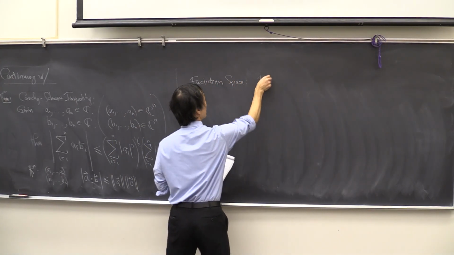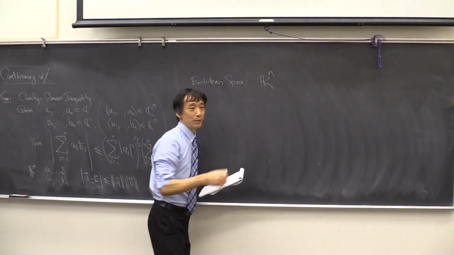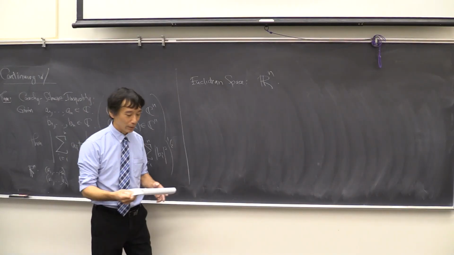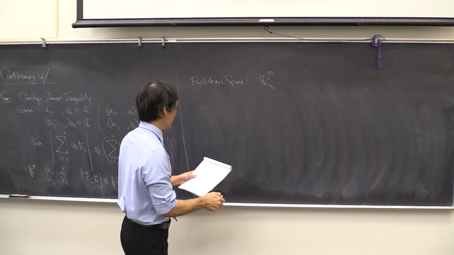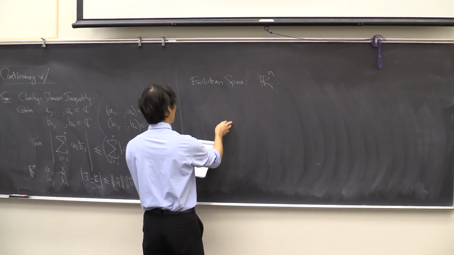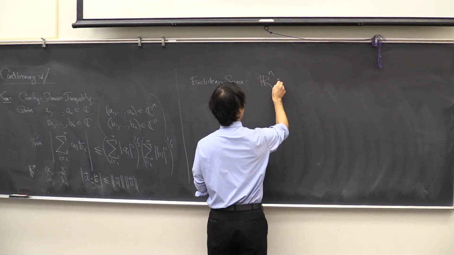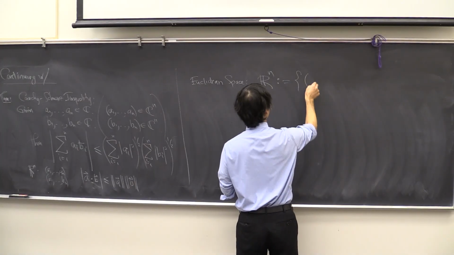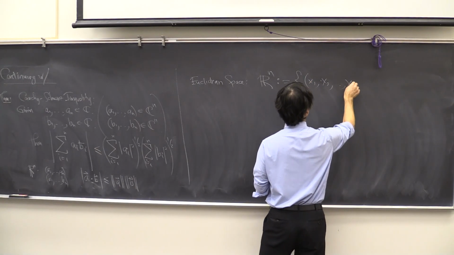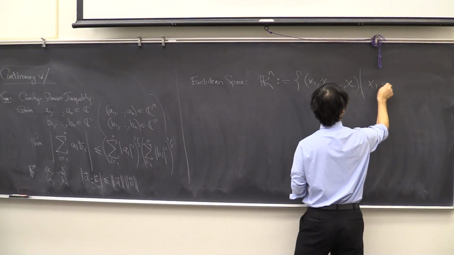Euclidean space just means you're taking n copies of the real line. You're taking a plane, you're taking space, you're taking four-dimensional space, whatever. So Rn is just vectors (x1, ..., xn), where each xi is a real number.